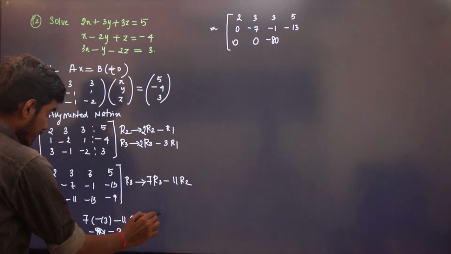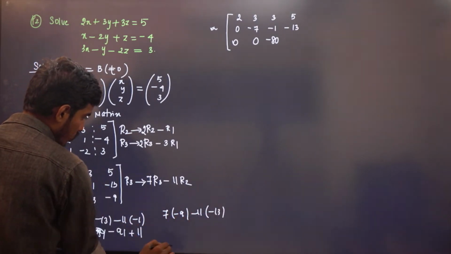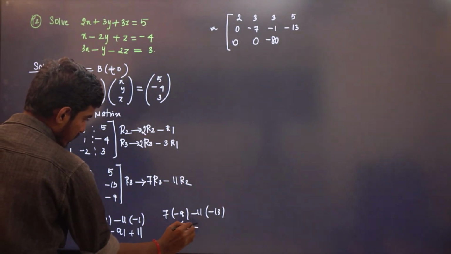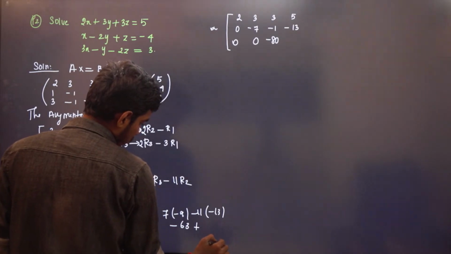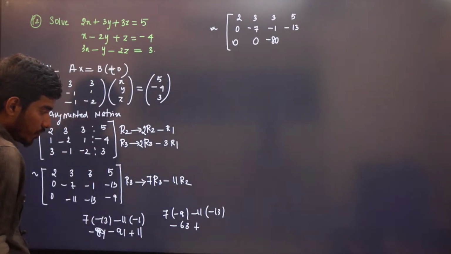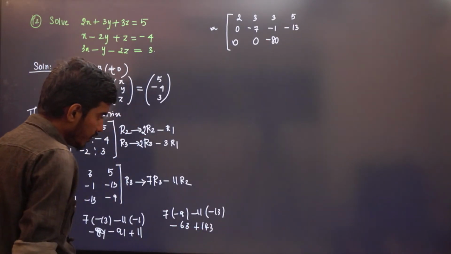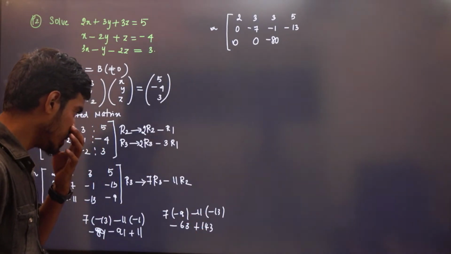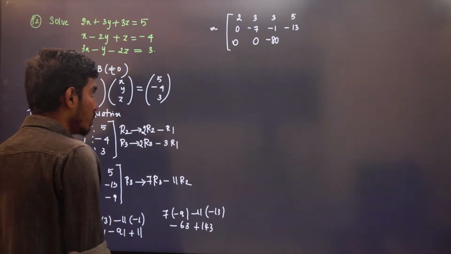Now here, -63 plus 11 into 13. 11 into 13 is 143, and 143 minus 63 is 80.